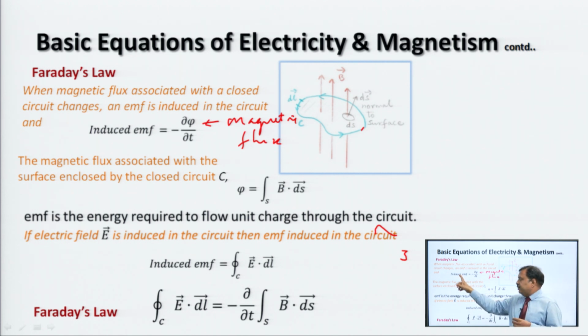Now, what is induced EMF? What is EMF? EMF is the energy given by the cell or the energy required to flow unit charge through the circuit, and energy is work. So, actually the EMF is the positive work done in flowing unit charge through the circuit.